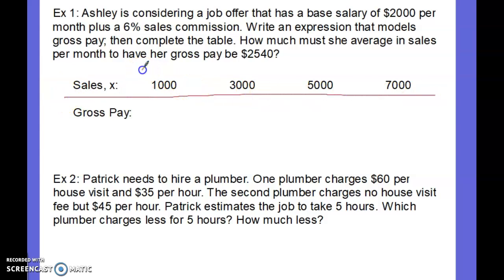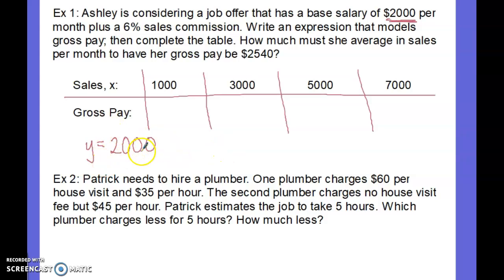So here's a table. Pause the video, read the problem, interpret it, things like that. The first thing that Ashley wants you to do for her is to write an equation to come up with how much she's going to get paid. They tell you that she's going to get paid $2,000 if she sells nothing at all.